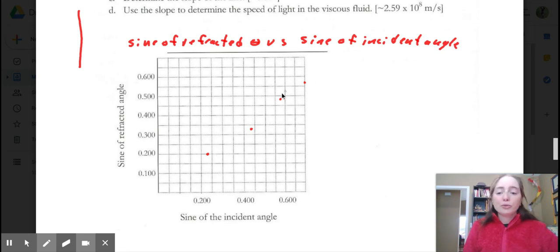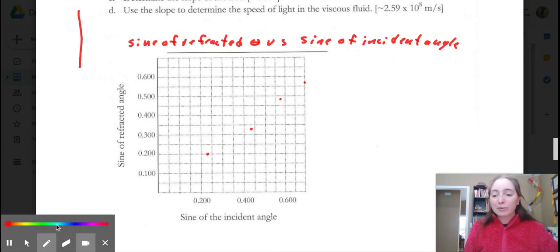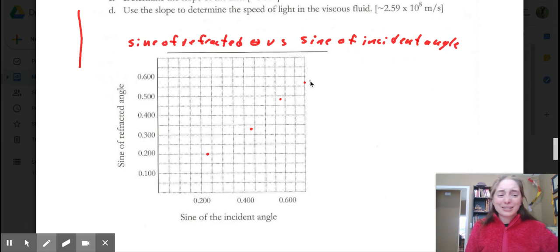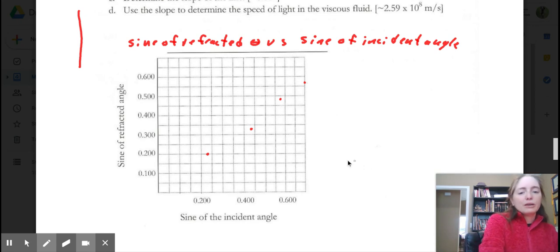I am going to attempt this, ladies and gentlemen, but please bear with me. I can't draw a straight line on this thing. I don't know if I have that feature. So it's not going to be a proper line of best fit. You really should be using a ruler. Maybe I have a ruler, or at least a straight edge that I might be able to use. Let's try this. Okay, bear with me here.